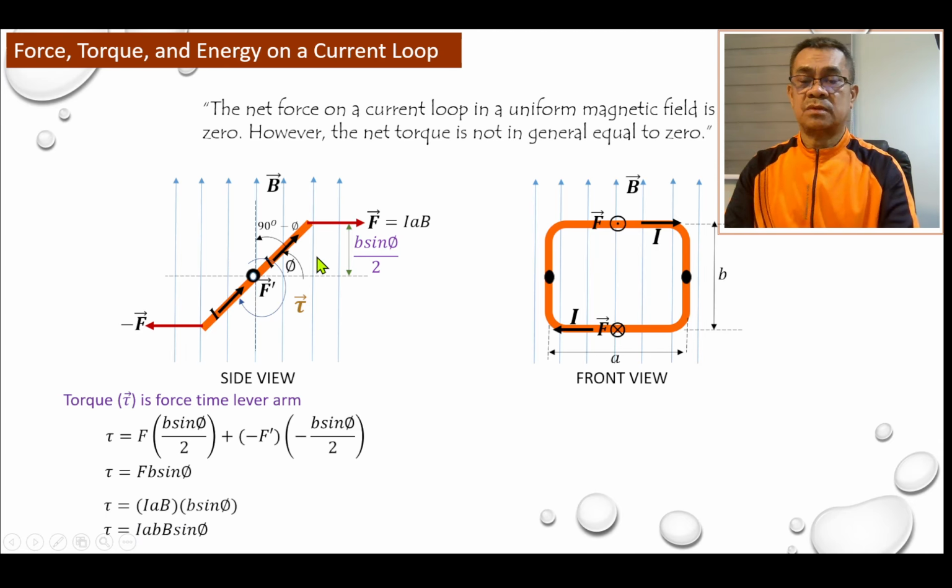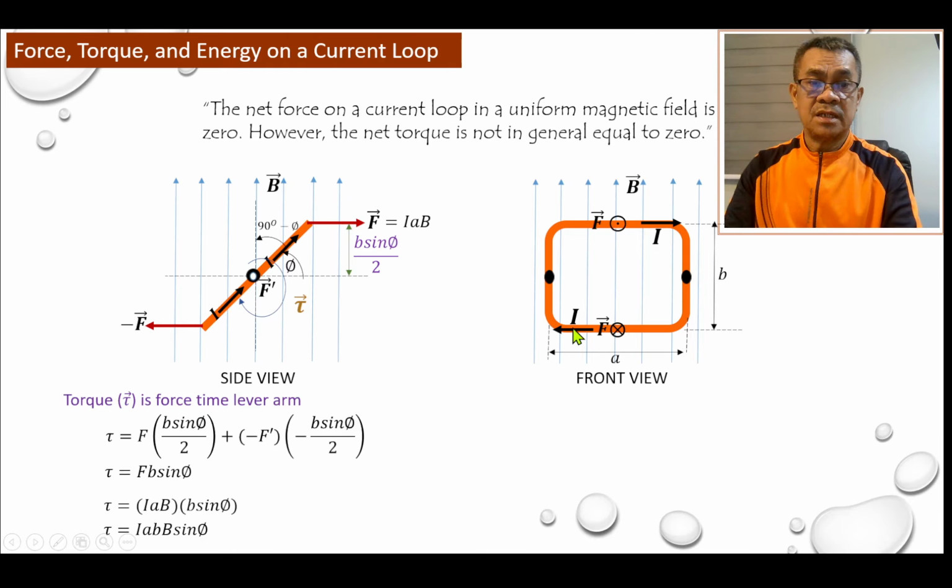Okay, so if you wish to calculate how much torque this system provides, all you need to do is identify the current and substitute it here. What is the dimension of the loop? The loop has an area of A times B, so this is an area. And it's the magnetic field, and we have the sine P. The theta is the angle between the L and the magnetic field.